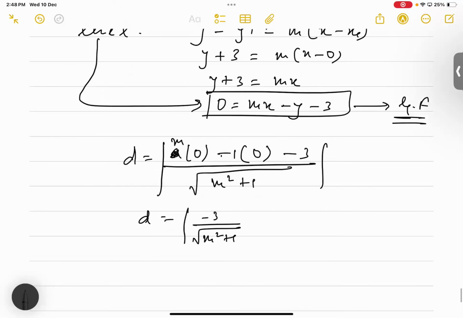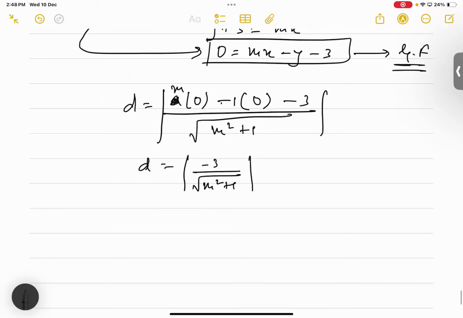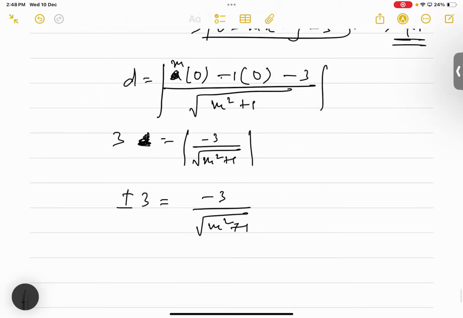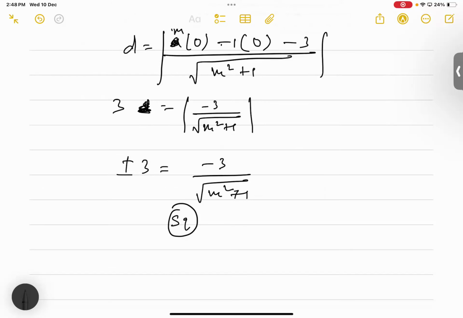Now, something you need to learn over here. What is D? D is 3 units, but I'm going to take plus or minus, and this is also minus 3. Now we have to eliminate the root. If we have to eliminate the root, we have to square both the sides.